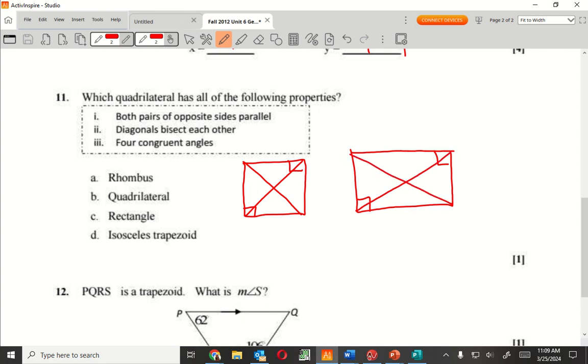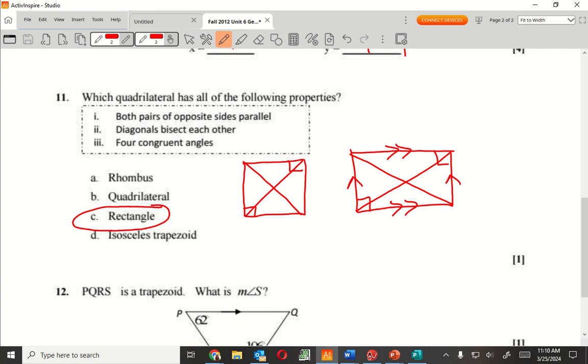Opposite sides are parallel. Those ones are parallel. Those ones are parallel. And they bisect each other. So it is going to be the rectangle right here, because the key word on this one is going to be 4 congruent angles.